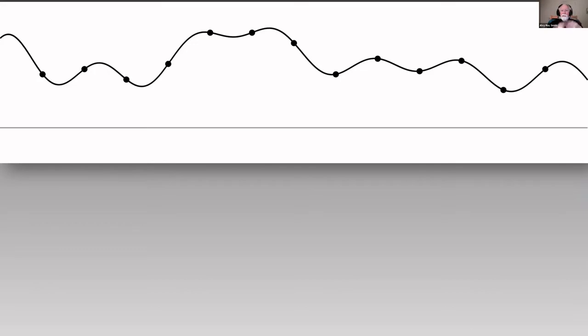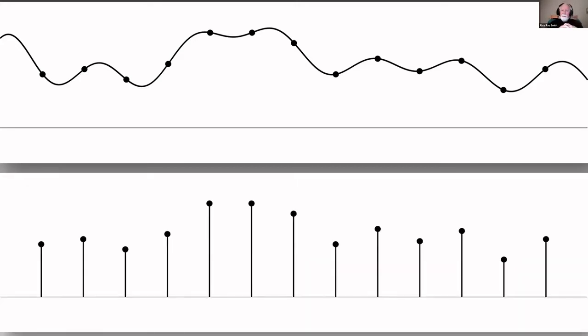If you place equally placed dots along that signal at a certain frequency that I'll talk more about in a moment, then you can throw away the signal between the dots and not lose anything.